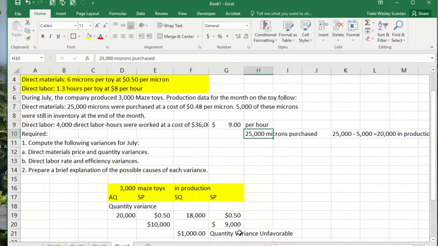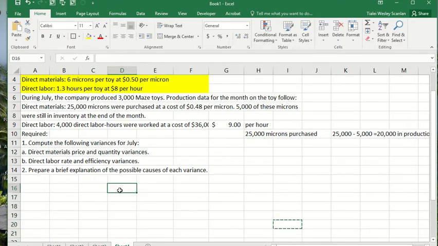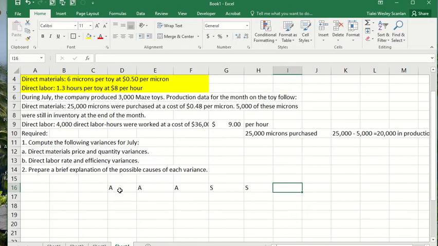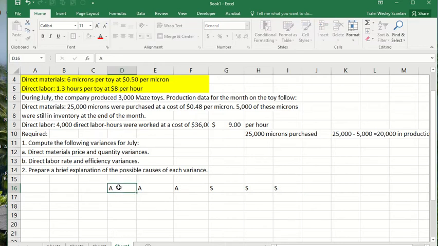And so let's do our formula. We have A, S, H, R. Okay, so this is actual, right?